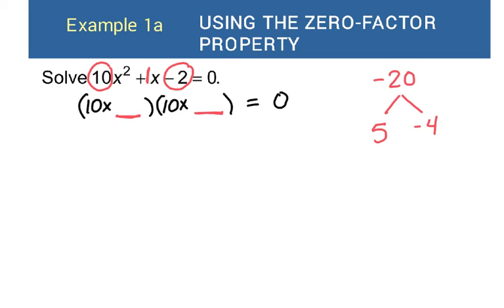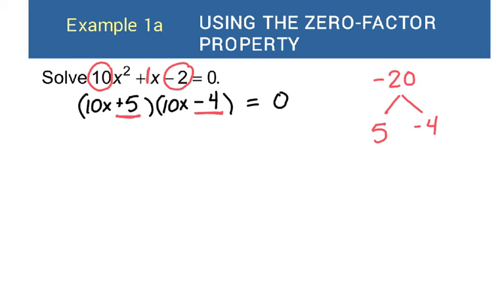And that's what goes in these spots here, because we want that middle term to be a +1. Our 5 minus 4, that's why we use -4 instead of a -5. Sorry for that little mistake there.